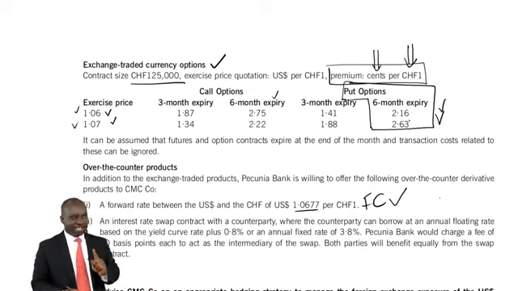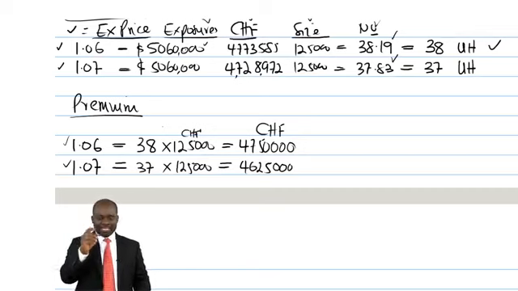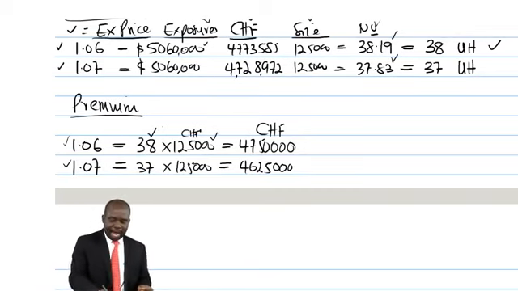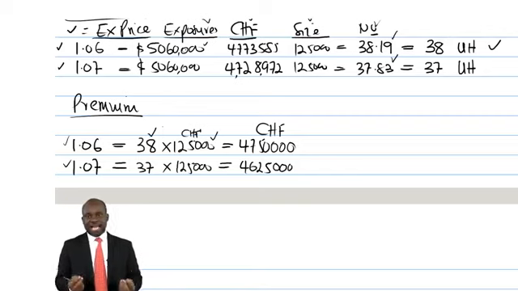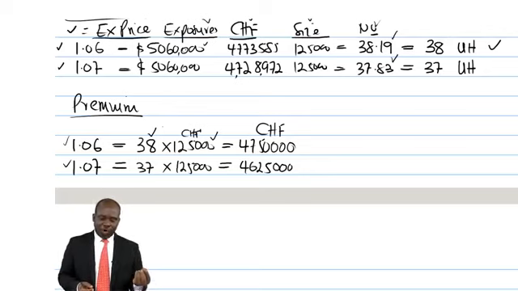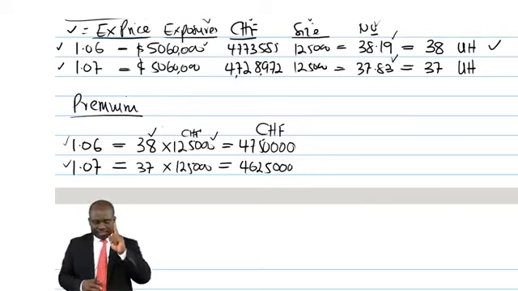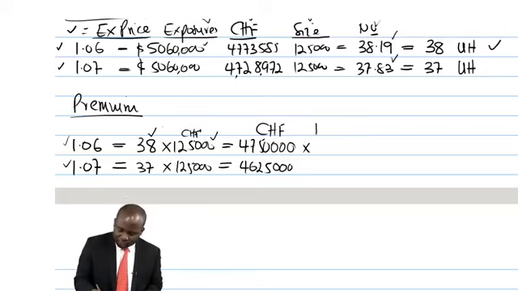So when I pick exercise price of 1.06, I am going to pay a premium of 2.16 cents per every 1 CHF. And the argument we have developed here is that I entered into 38 contracts, and each contract is made up of 125,000. So the total amount of CHF in the contract is 475,000. And for each CHF, I would have to pay a premium in terms of cent.